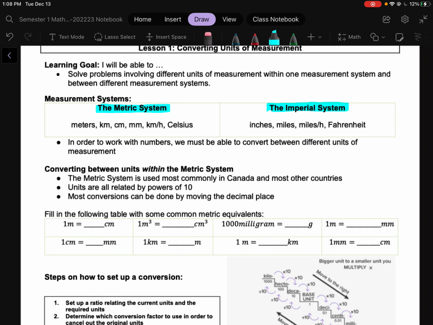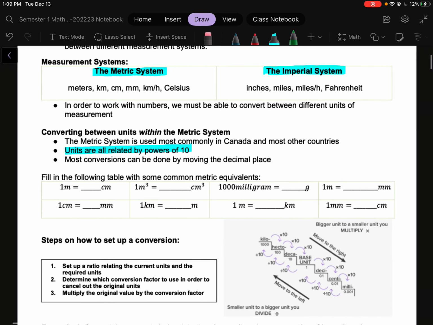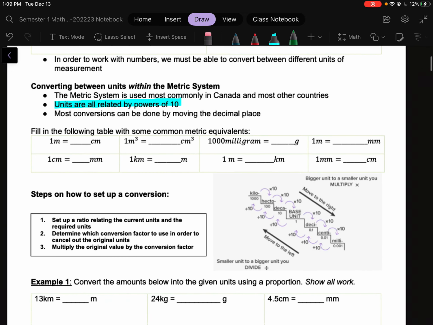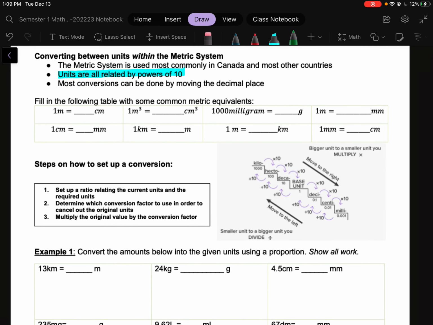When we look at the units of measurement in the metric system and we want to convert between them, we have to make sure that all units are related by powers of 10. Most conversions can be done by just moving the decimal place over. We're going to look at the following table of some common metric equivalents. At the bottom there's an image showing how we can convert.